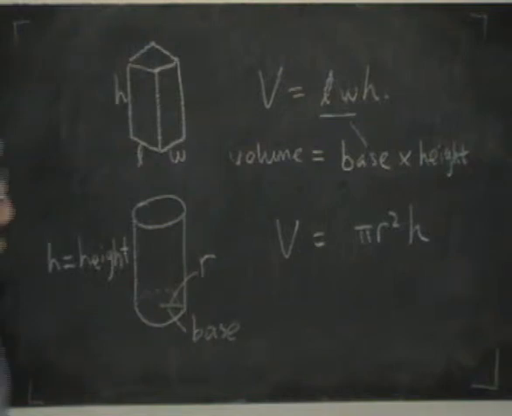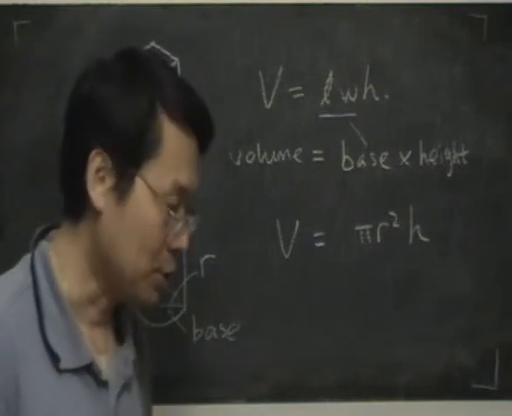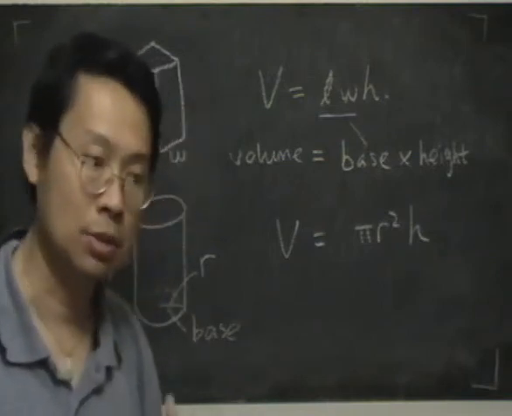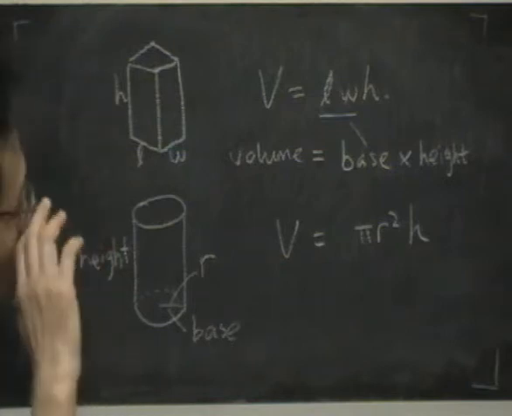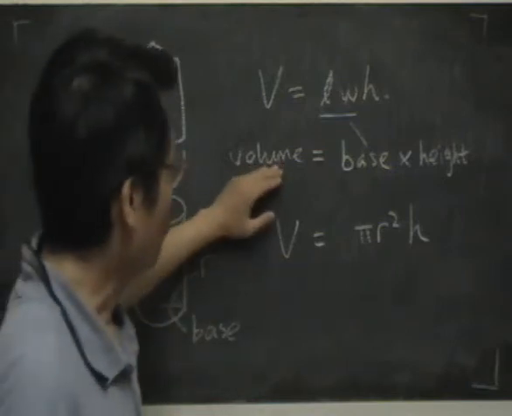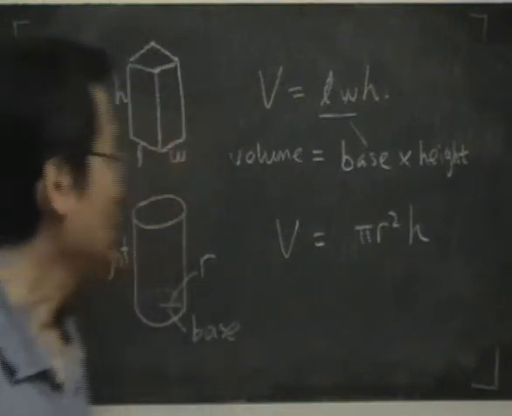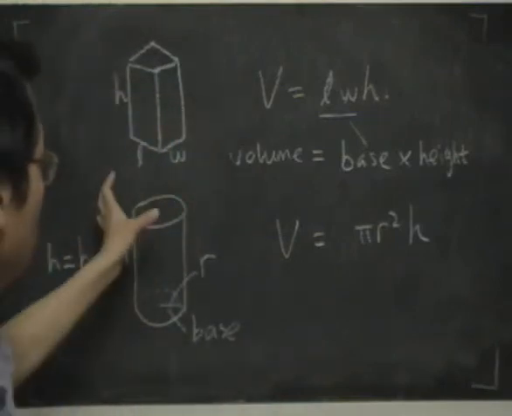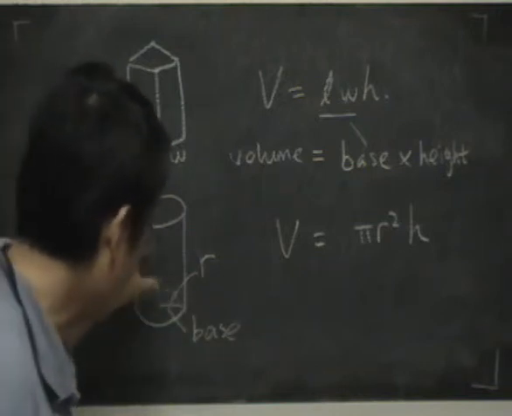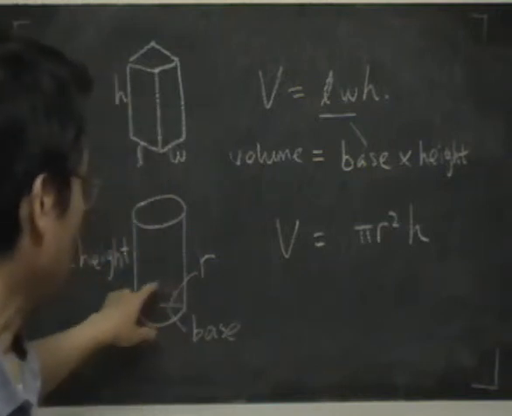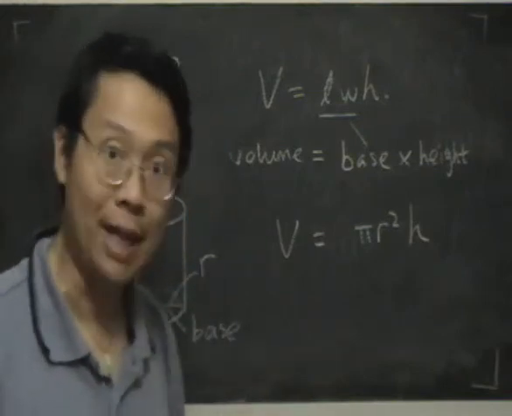Now I should also mention, in case you see this question, which might come out sometimes, that this formula, volume is equal to base times height, can be used even for objects that have a base of a different shape, of any shape.